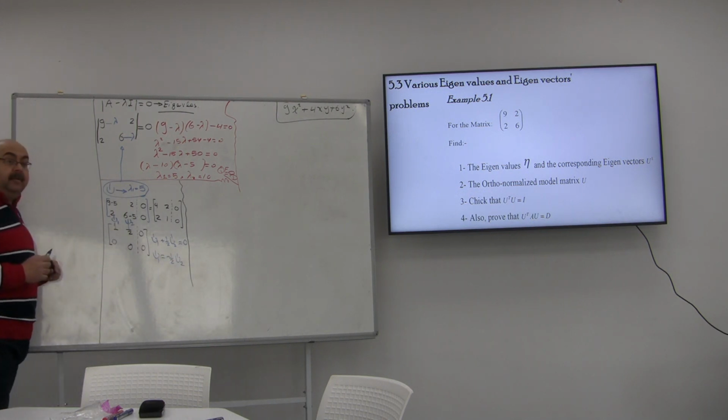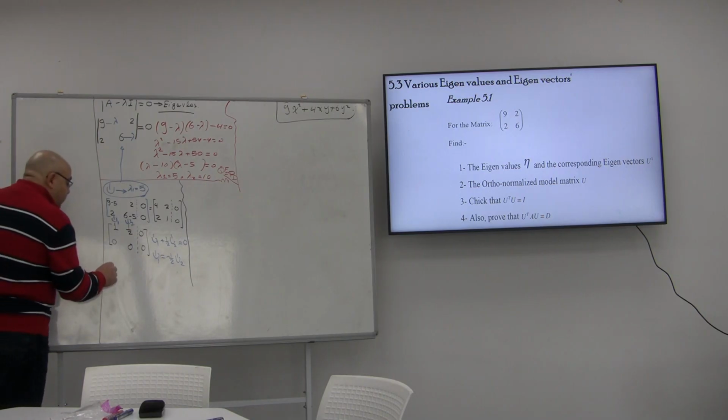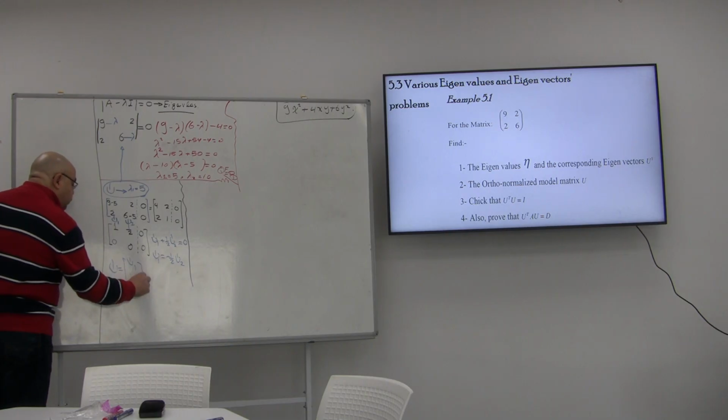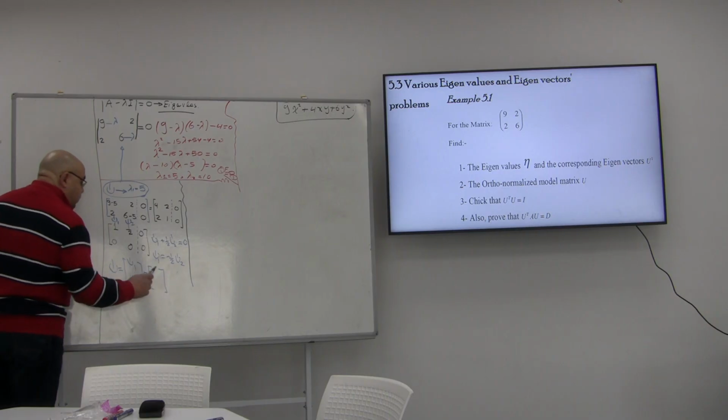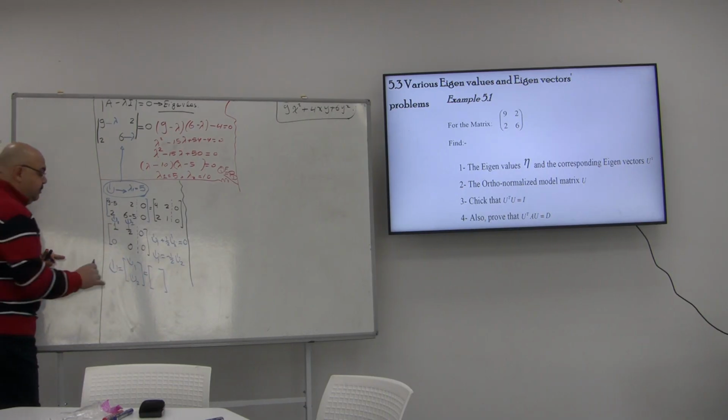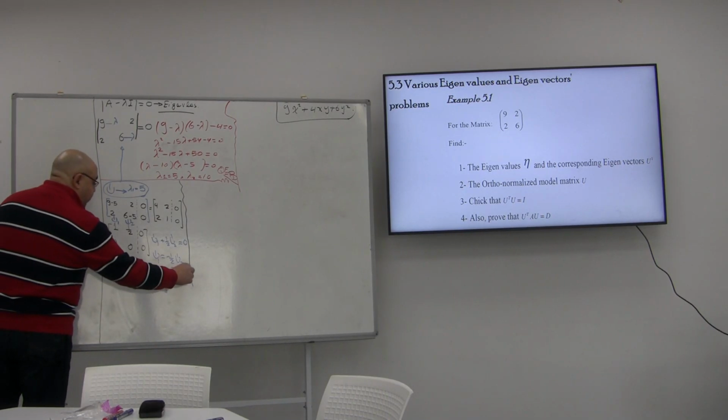Are you still with me? Now, I'm saying that the first eigenvector consists of two components. One of them U1 sub 1, the second one is U1 sub 2. Now I can replace one of these variables by the value of the other. I can replace U11 by -half U12.